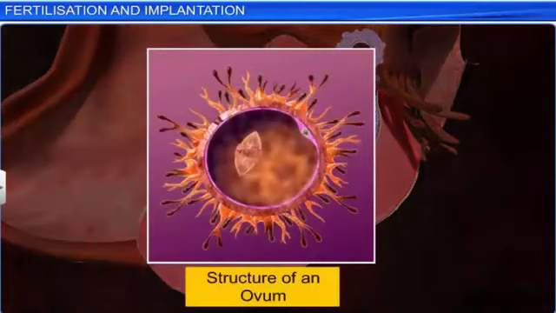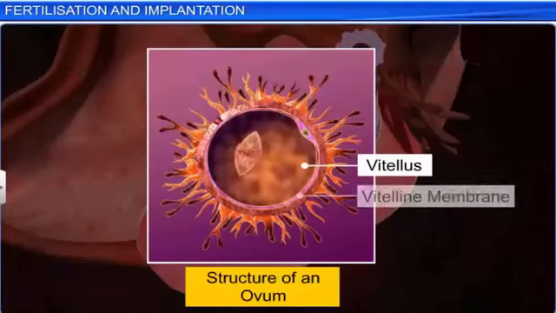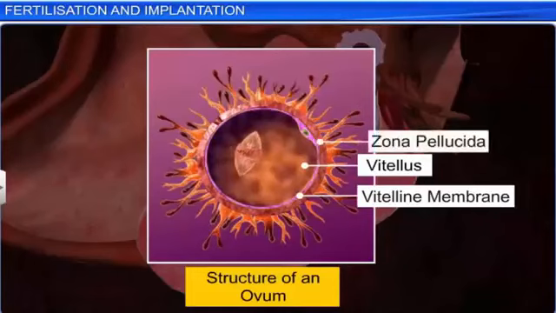Interestingly, the ovum contains only the X chromosome. Studies have shown that the ovum is filled with cytoplasm called the yolk or vitellus, surrounded by a membrane called the vitelline membrane. The vitelline membrane is ensconced in another membrane called zona pellucida.